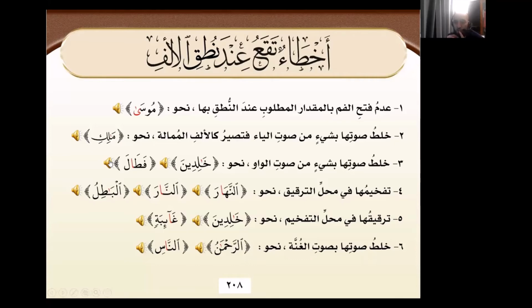When you transfer the ta with alif, you add a little waw, fatol. Can you see that? Or khalidin. This is how some people read the emphatic letter kha. Can you see khalidin?